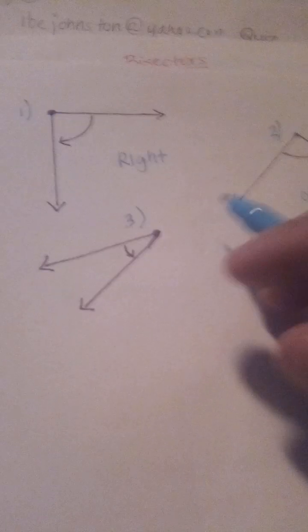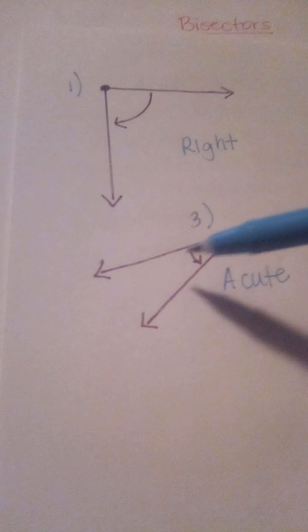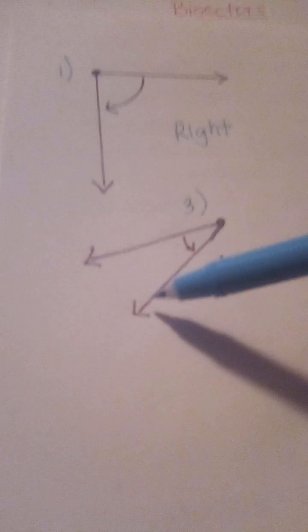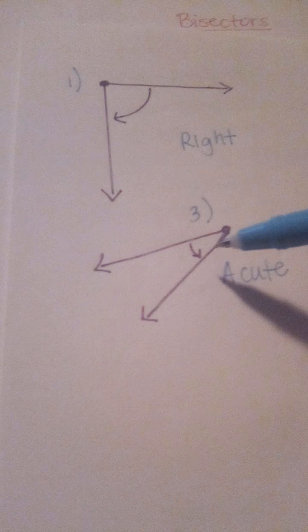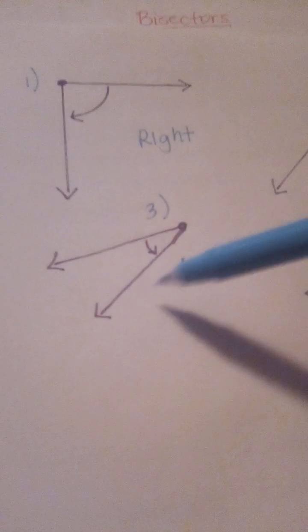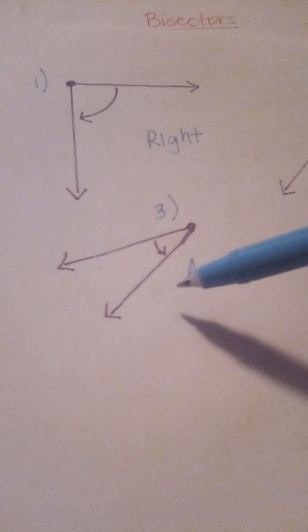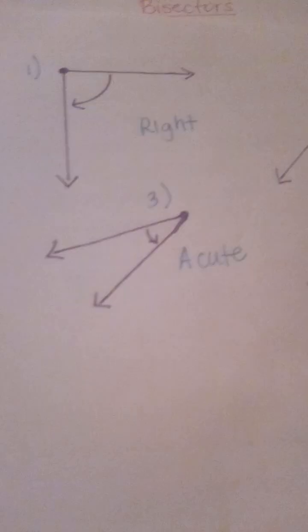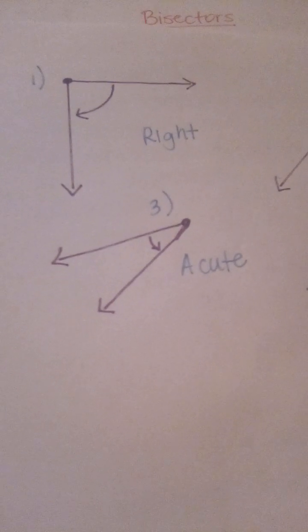If you said acute, you're correct. Why? Because it's less than 90 degrees, not more than 90, not more than 180. So that is how this answer comes to the forefront. It is acute.